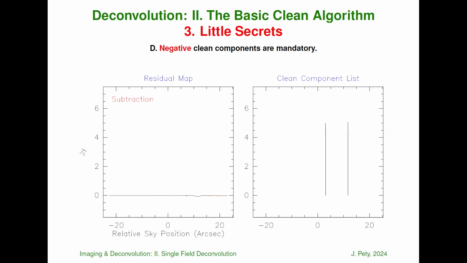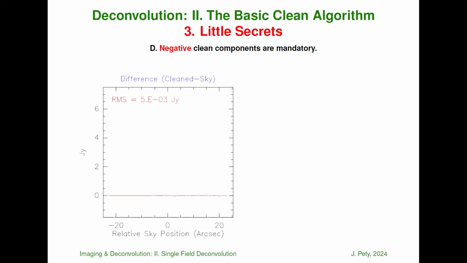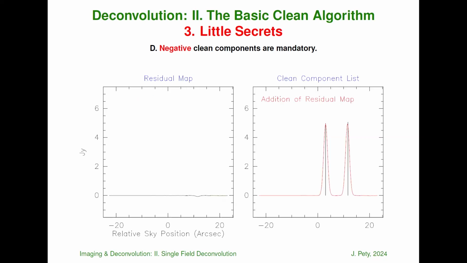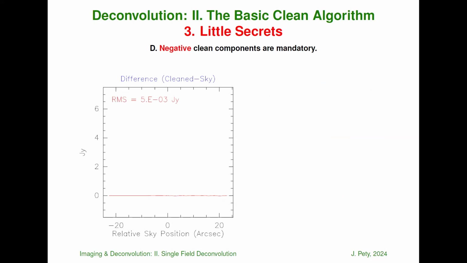in these two experiments, we didn't converge, but we know that there is noise. So we say, okay, let's stop. So we regularize the clean component list by the synthesized beam. We're adding the residuals. And again, this is the clean image. And again, we can subtract, because this is the suit experiments, we can subtract the actual sky distribution at the resolution of the experiment.